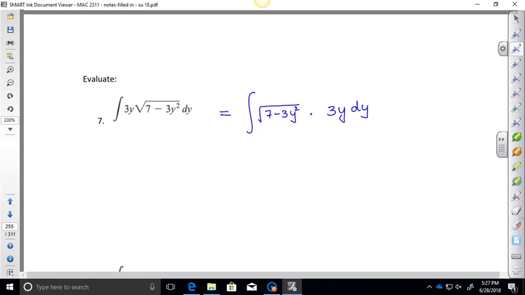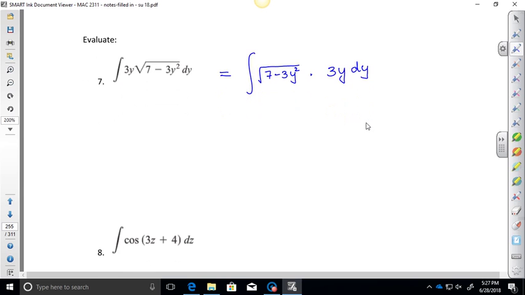Okay, what's going to be u? What's the inside of the composite function? What's u? 7 minus 3y squared.